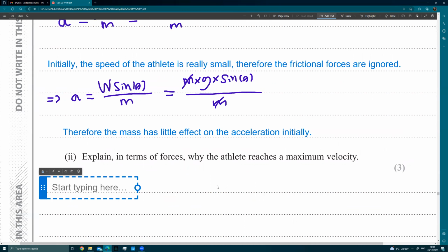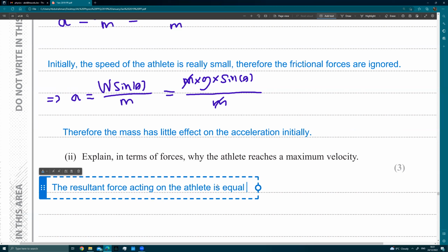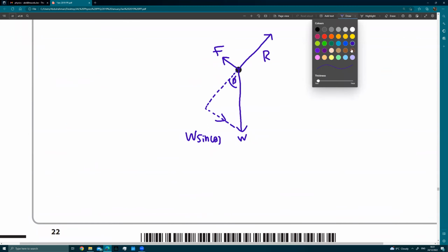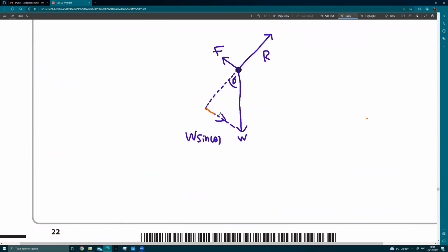So we're going to say the resultant force acting on the athlete is equal to the horizontal component of the weight minus the frictional forces. Obviously, the faster he's going, the larger this frictional force will be.